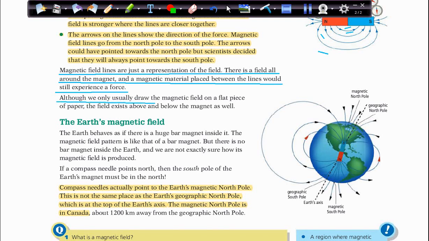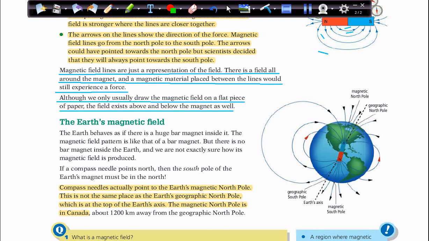Although we usually only draw the magnetic field on a flat piece of paper, the field exists above and below the magnet as well. So it's not just both sides; even above and below the magnet, up and down, we can find the magnetic field. The magnet is exerting a force, so any material could experience a force around the magnet in any direction.